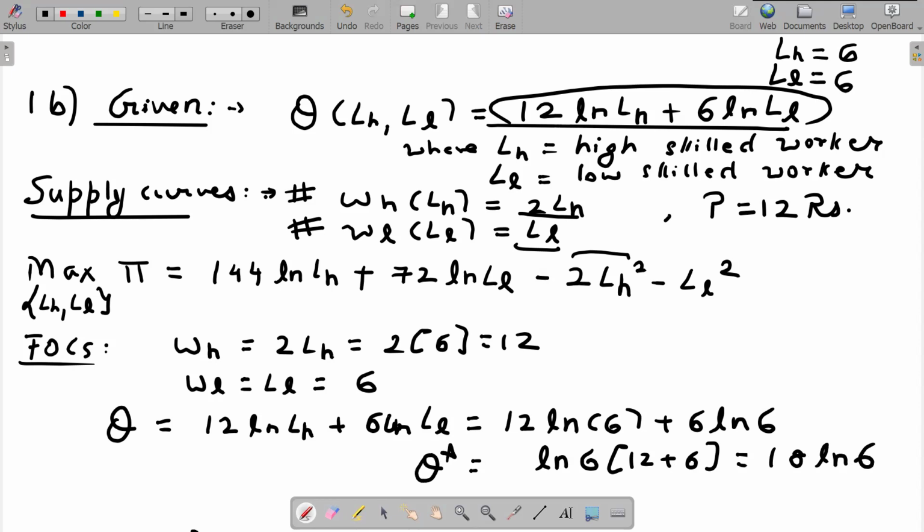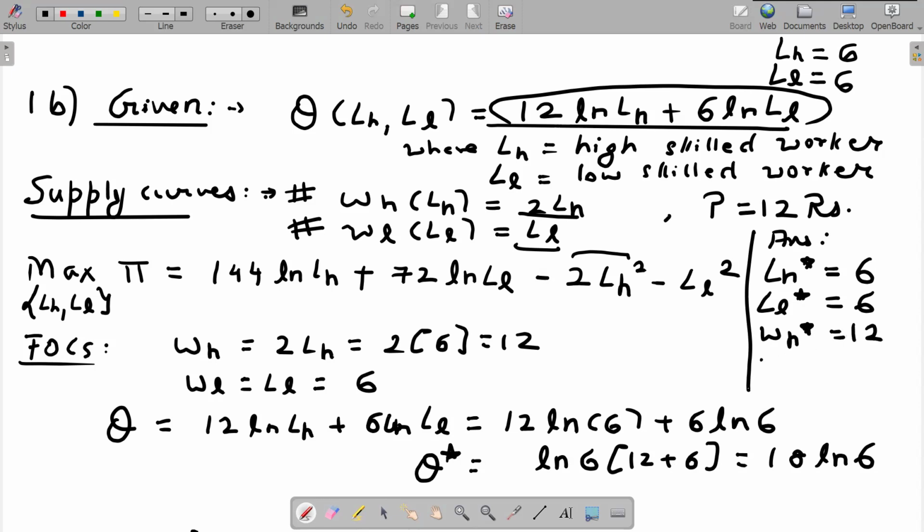This is my Q star. So I can write all my answers. LH star 6, LL star 6, WH star 12, WL star 6, Q star 18 ln 6. These are all my answers.